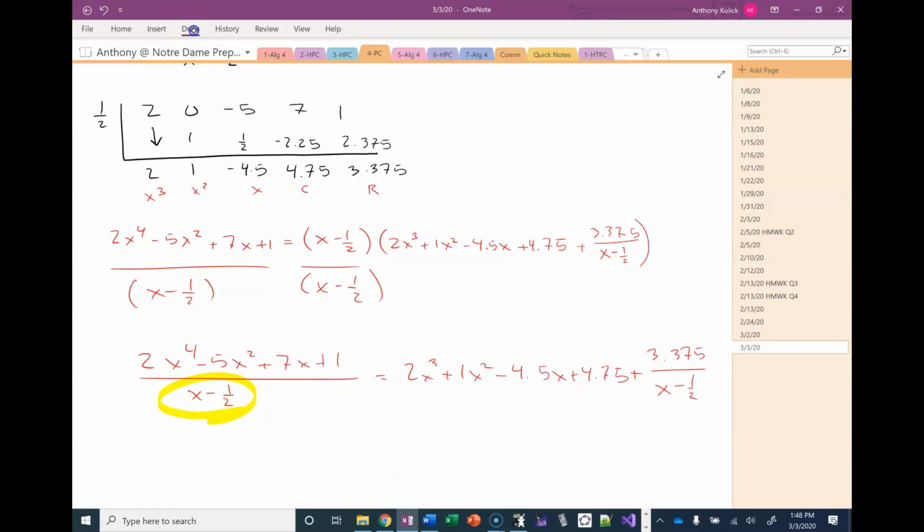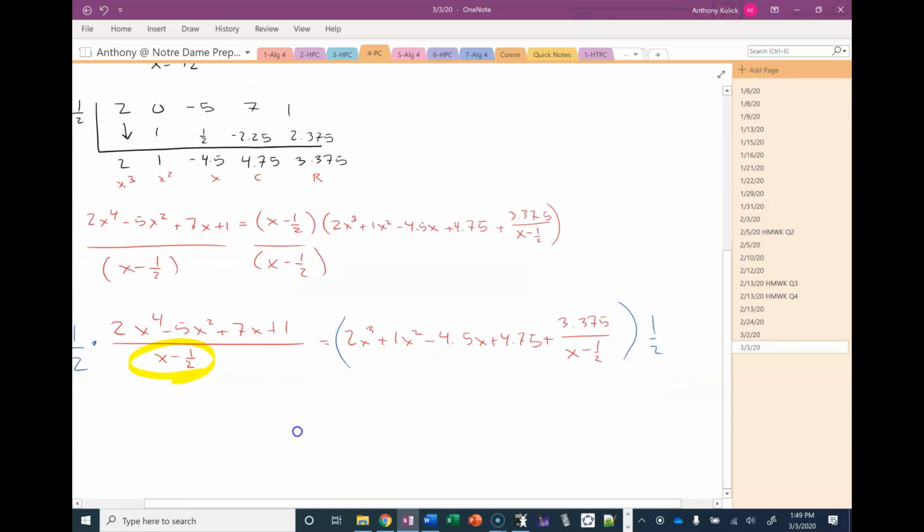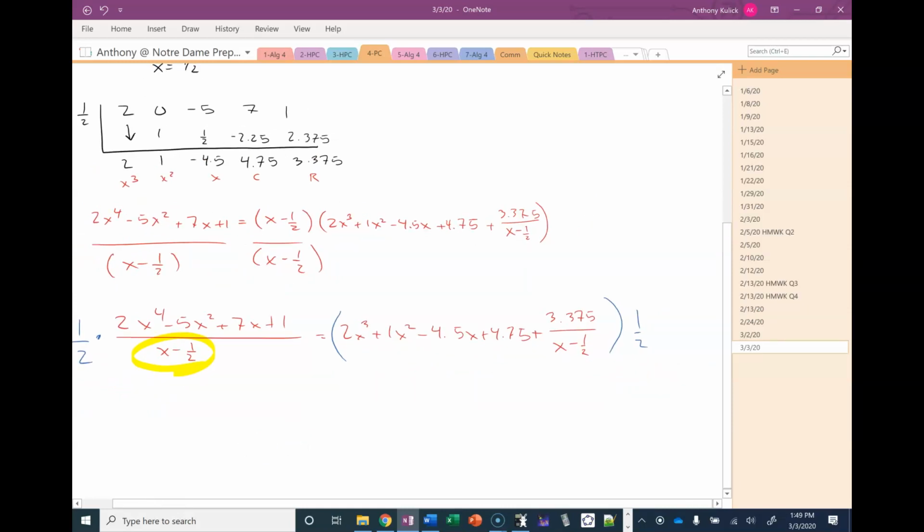So what I'm going to do is multiply both sides of this equation by 1 over 2. When I do that, that 2 is going to distribute, and I'm going to get what I need on the denominator.